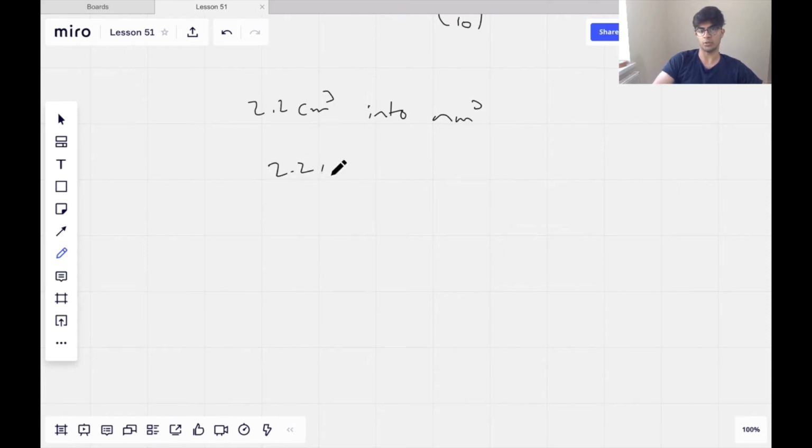So we have 2.2 times 10 to the 3, which comes out to 2,200 mm cubed. And on the left, you'd also have 2.2 cm cubed is equal to that mm cubed. It's helpful sometimes to have the units in the working, to remember what you're dealing with.